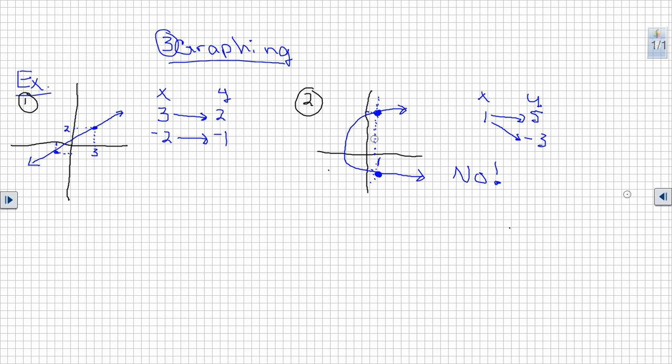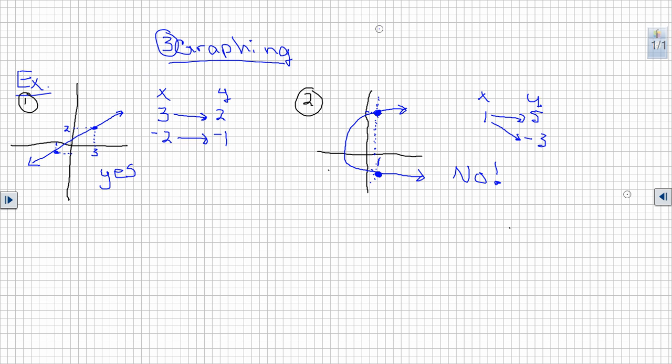I can use a straight up and down line to test this because that will show me if there's more than one y value that goes with that x. Over here, if I were to do a straight line, there's no part of my graph that would touch that line twice. So this is a function.